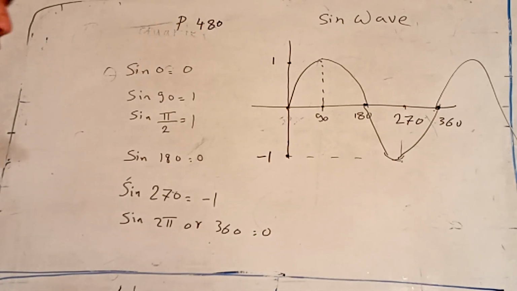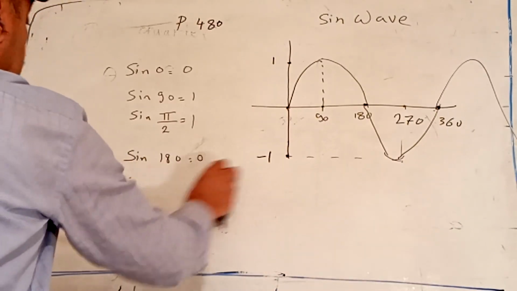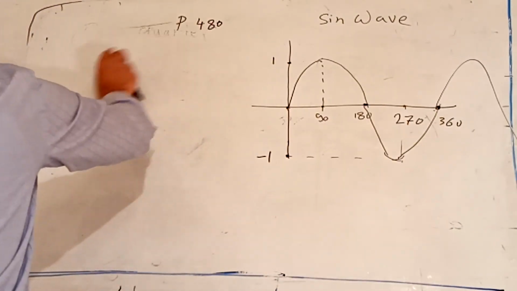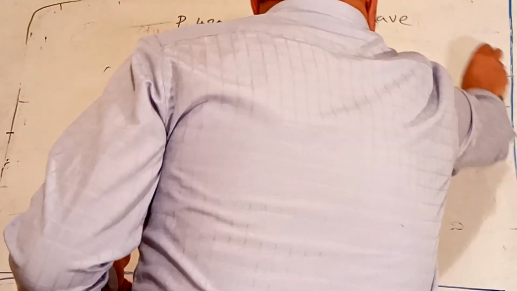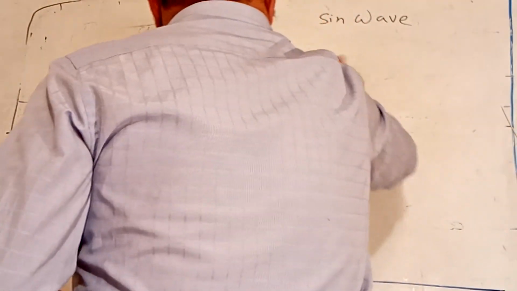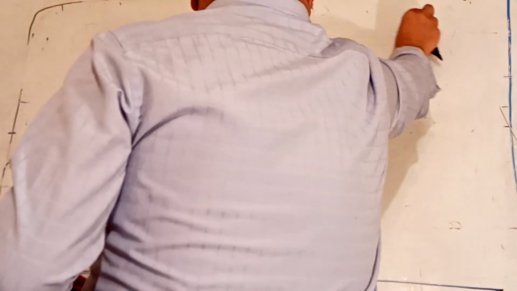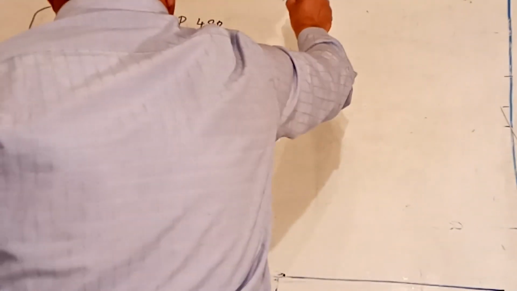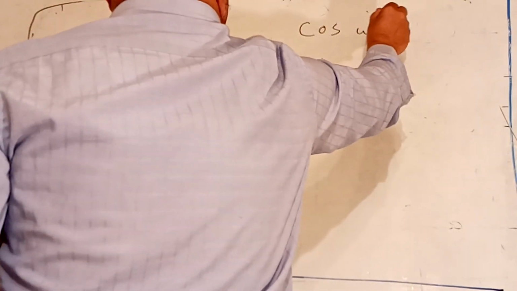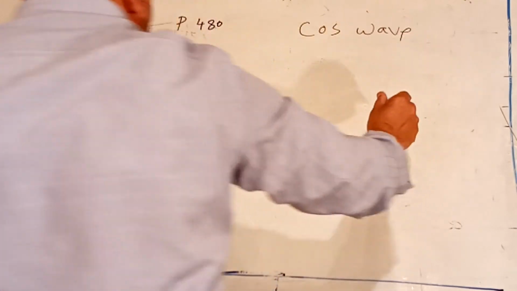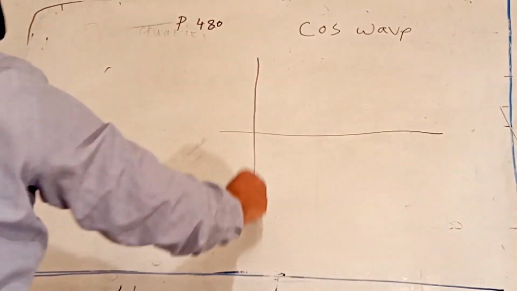Let's go now to the cosine wave. We have the x-axis and the y-axis.